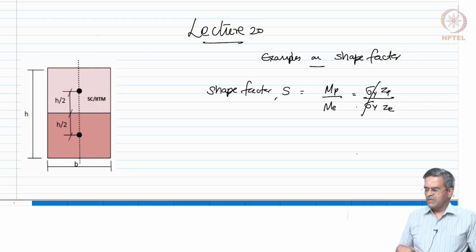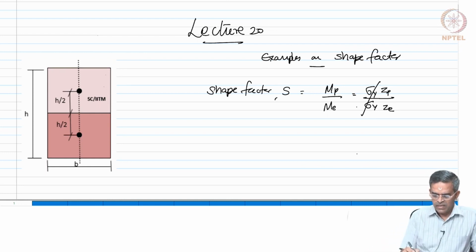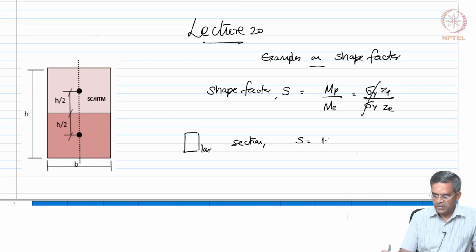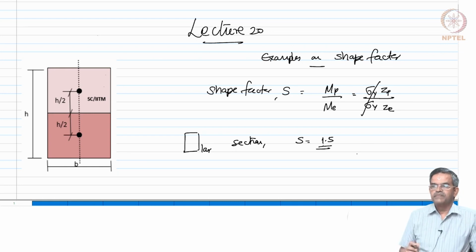In this example, we worked out a rectangular section, and we got the shape factor as 1.5.